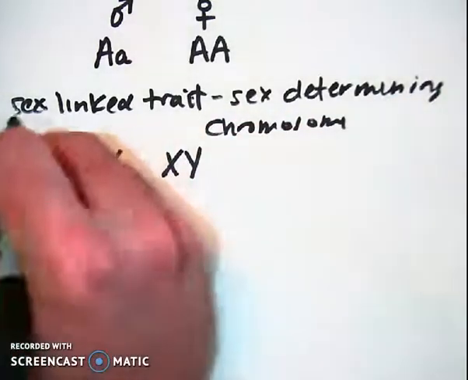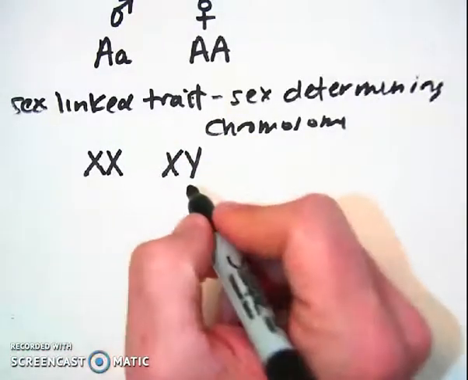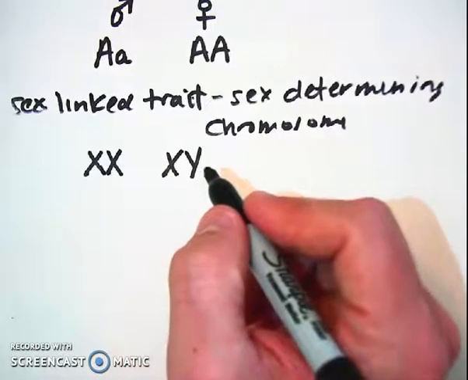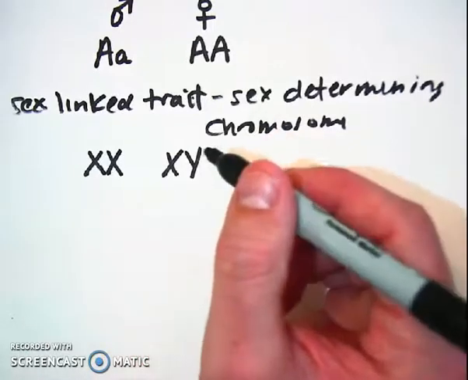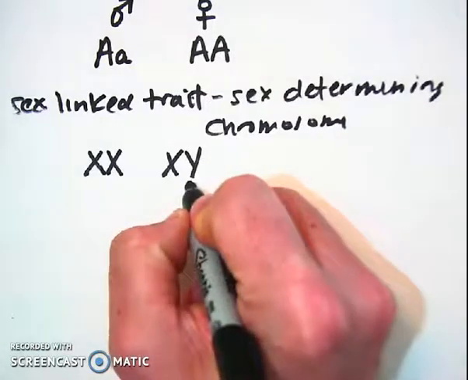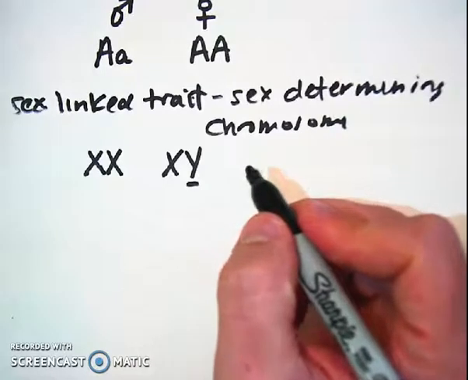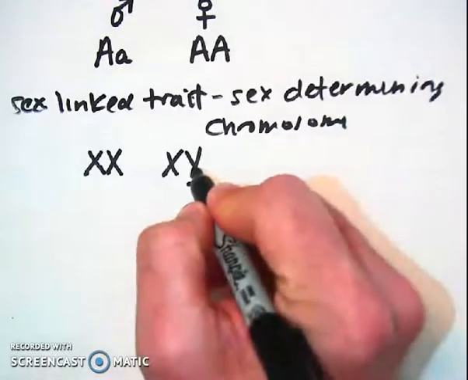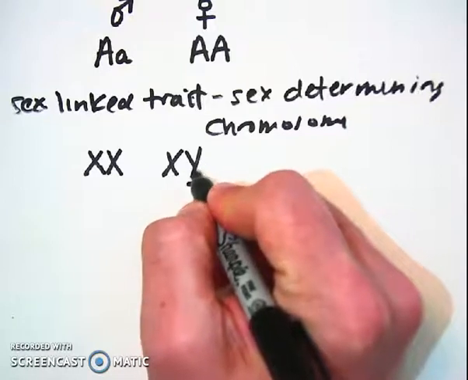Now, when we say sex-linked, that could be any trait linked to either of these chromosomes. But if we're concerned about tracing it through a family and determining the probability of it being passed down, we don't really focus on a Y-linked trait, because it's pretty much guaranteed that if a male has an affected gene on a Y chromosome, it is passed down to every male offspring.